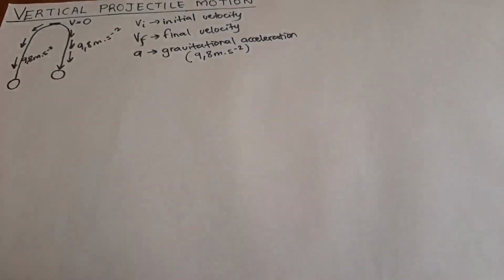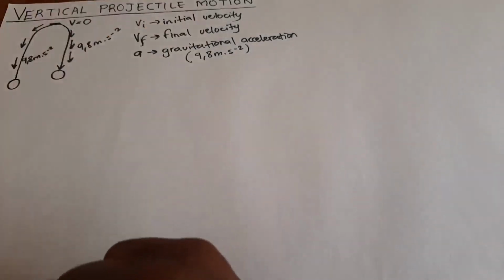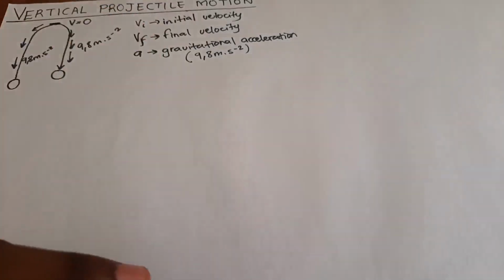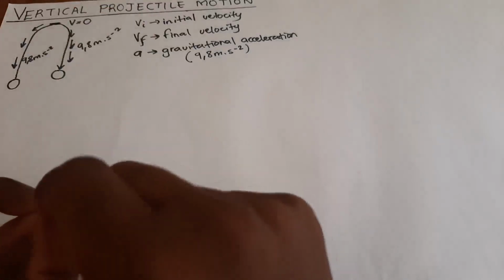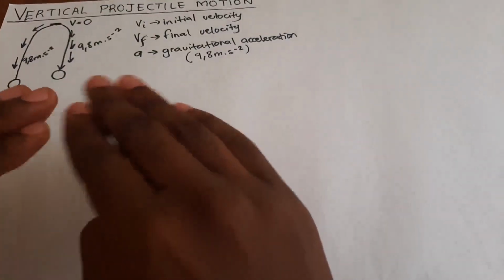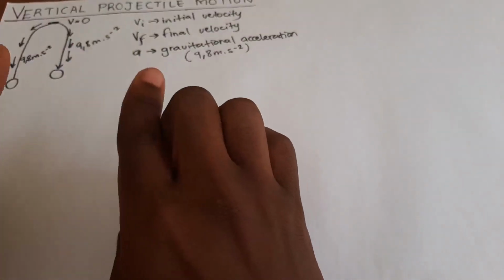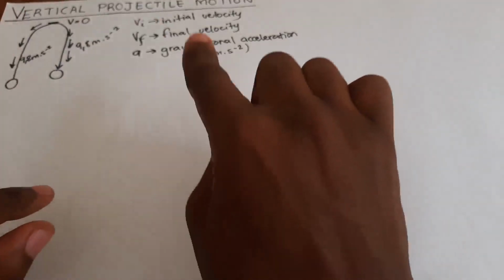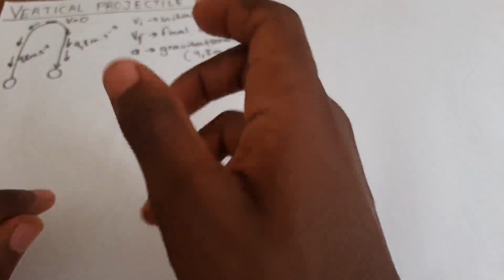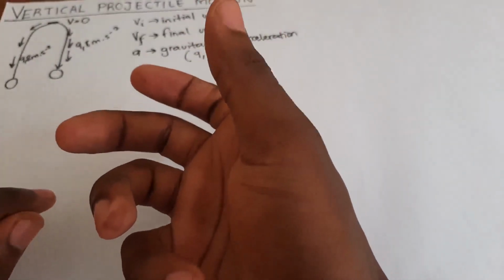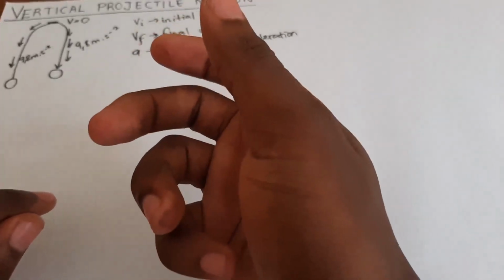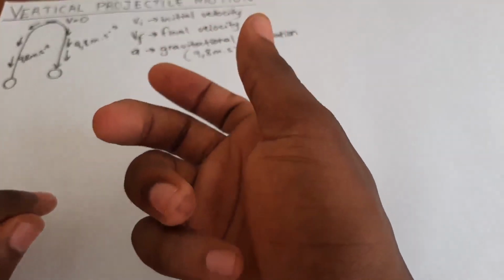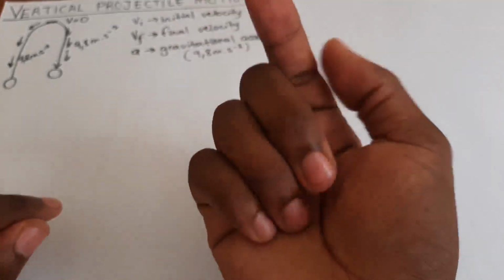Okay, so look, we have to consider the motion as being negative or positive. You have to choose. But my advice is, imagine when the object is being projected upwards.